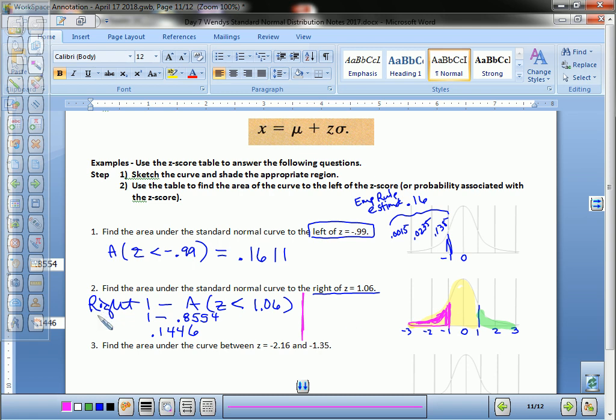So, when you're doing the right, there's 2 ways you can do it. You can either do 1 minus, read that number, or we can just look up the area that is less than the opposite of that z-score, because the normal distribution is symmetric. I want everybody to actually look up negative 1.06 and see what you get. Don't just believe me.